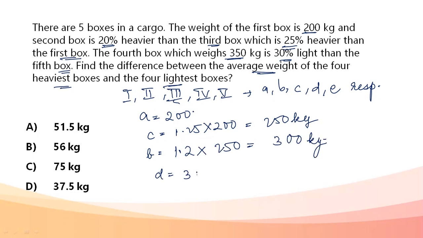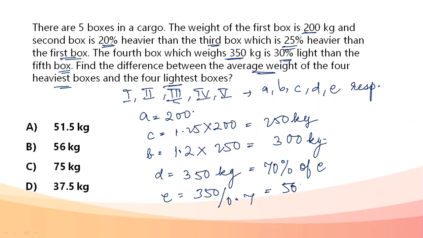So 350 kg is 70% of E. E is 350 divided by 0.7, that is 500 kg. So all the weights A, B, C, D, and E are obtained.